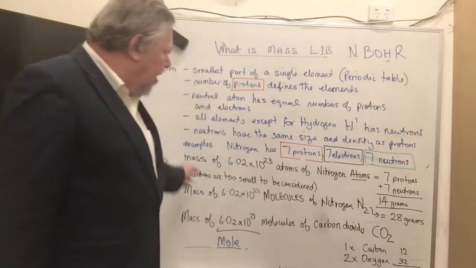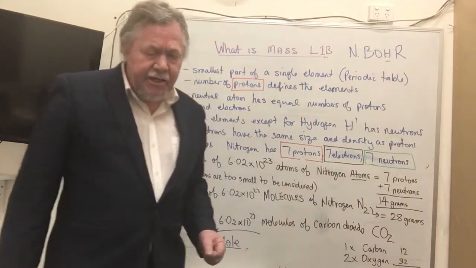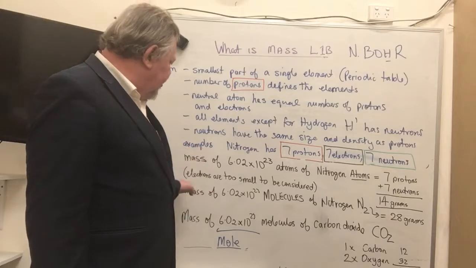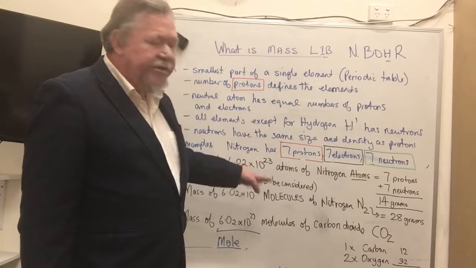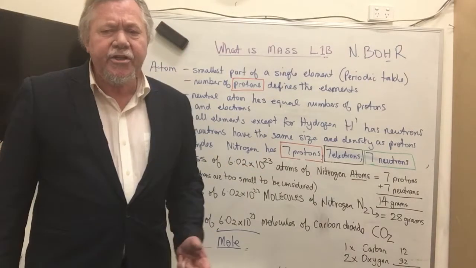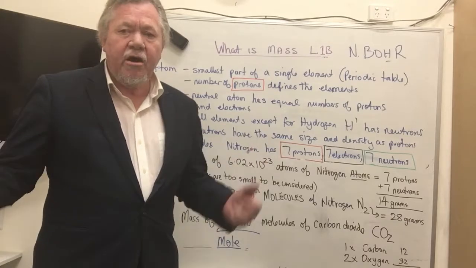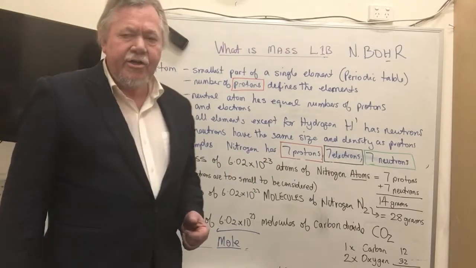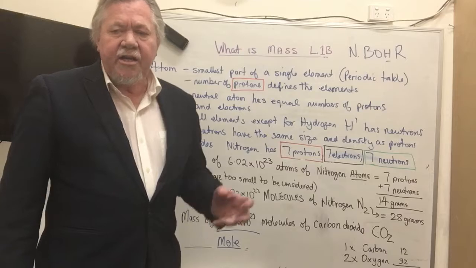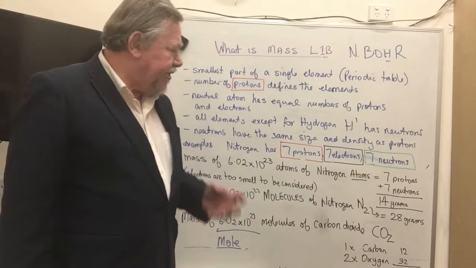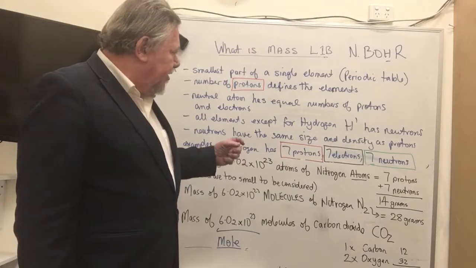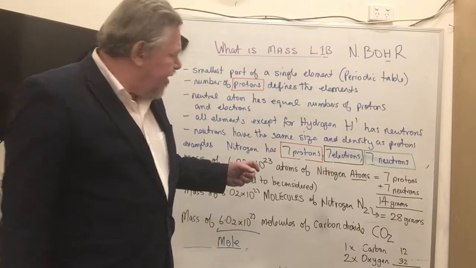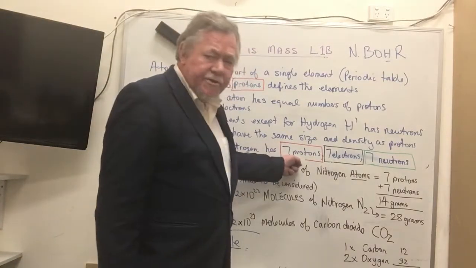Okay, now hydrogen goes around in pairs, so 6.02 by 10 to the 23 molecules of hydrogen. Any hydrogen that's floating around you is going to be a molecule in pairs, H2, so there'll be two of them together, and therefore that will be 2 protons.